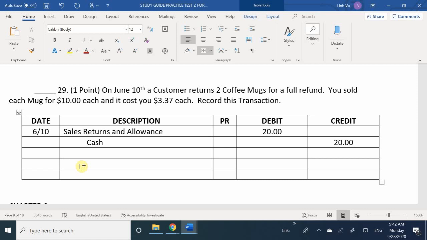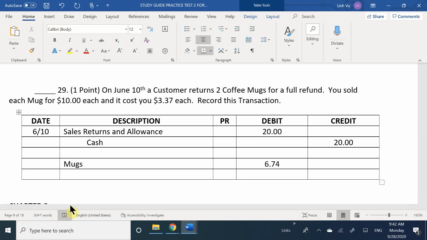Okay, so what account should come first? Inventory. Good. So what was your inventory that we established before? $3.37 times 2 is $6.74.